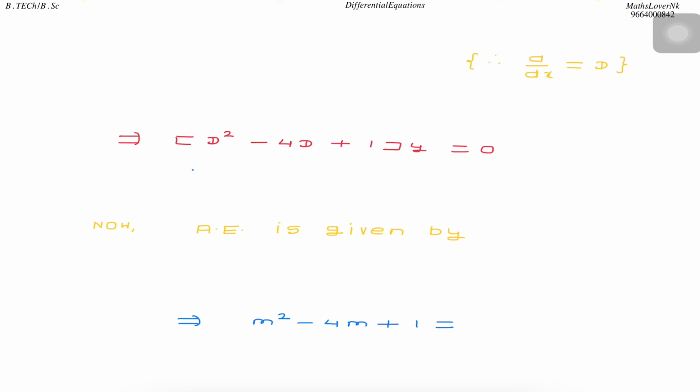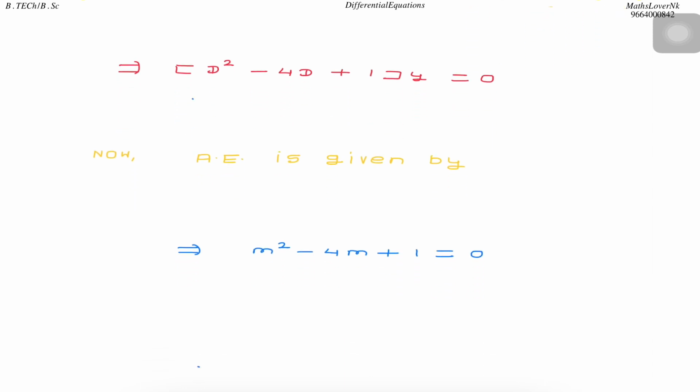You can solve it by the squaring method, by the quadratic formula, or by the splitting of the middle term, but the quadratic formula is the better way, so we solve it by the quadratic formula.